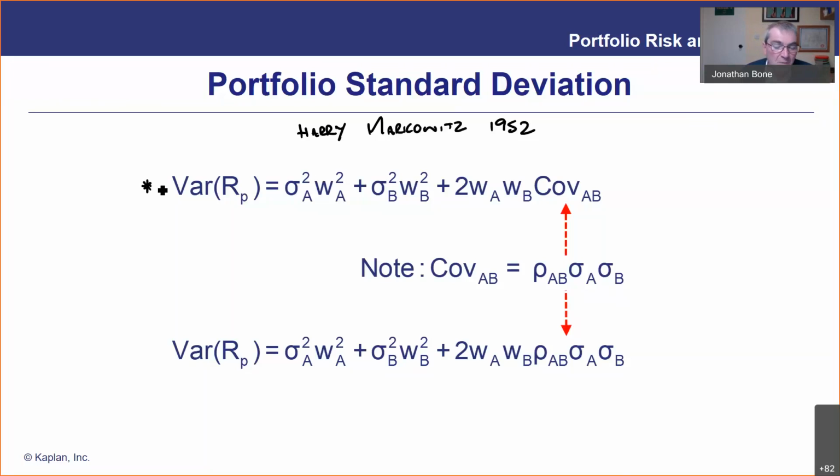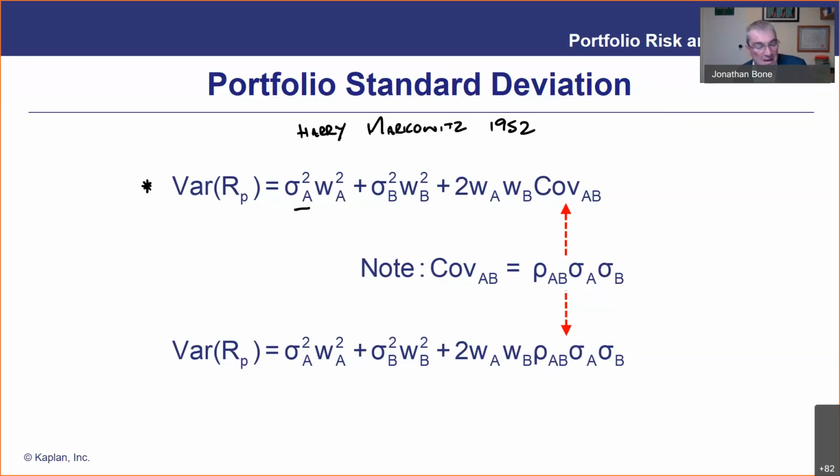So this is how to calculate the variance of a portfolio containing 2 risky assets. Notice we take the variance of the first asset, rather than standard deviation. So variance of the first asset times the squared weighting of the first asset plus the variance of the second asset times the squared weighting of the second asset plus 2 times the weighting of the first asset times the weighting of the second asset times their covariance.